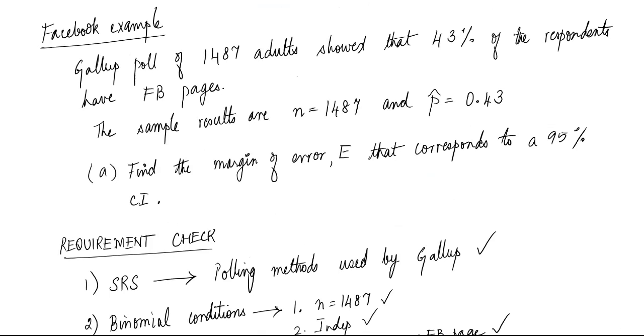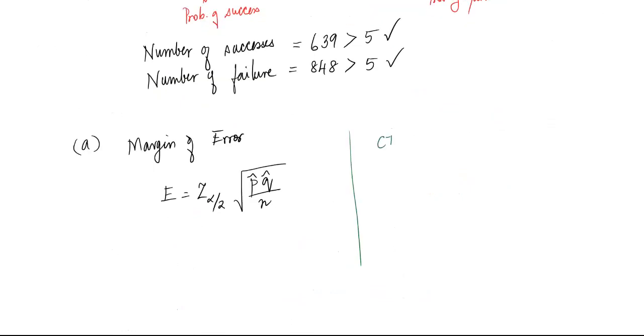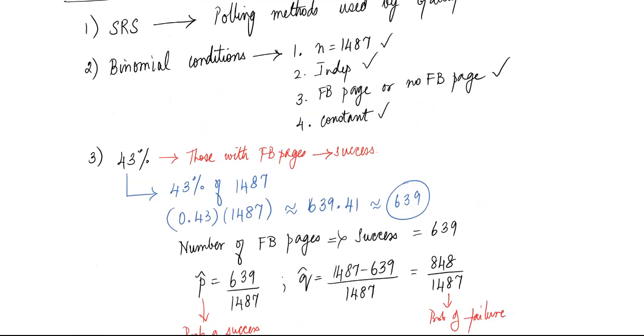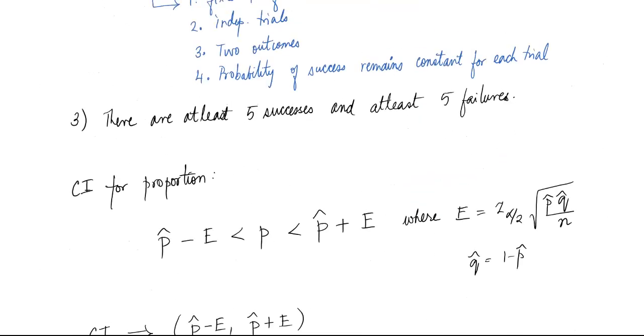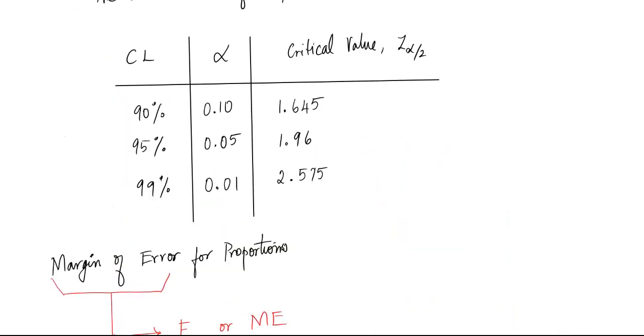A says, find the margin of error E that corresponds to a 95% confidence interval. To find Z alpha over 2, you can use the process we did, or you could go to the table. The table for 95% confidence level, the critical value Z alpha over 2 is 1.96.